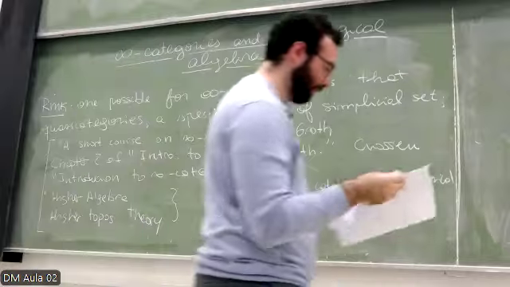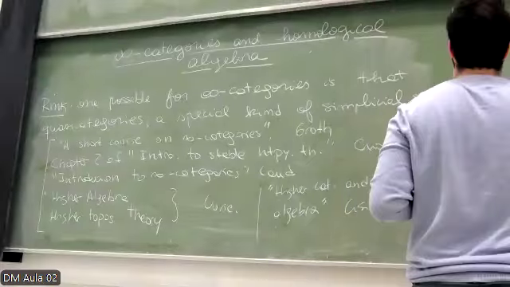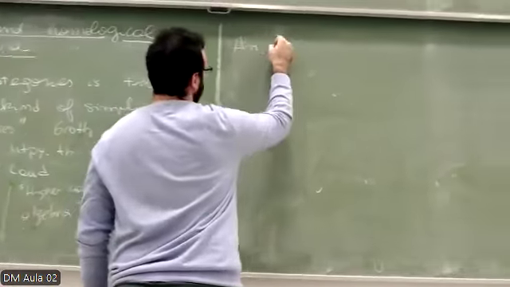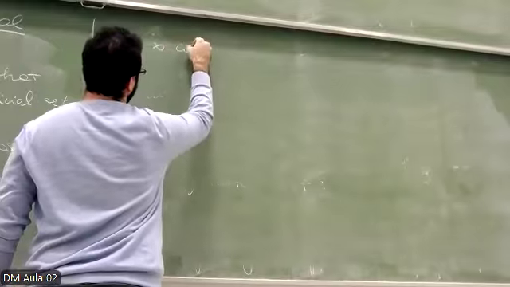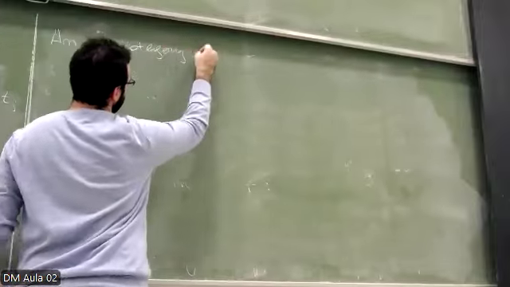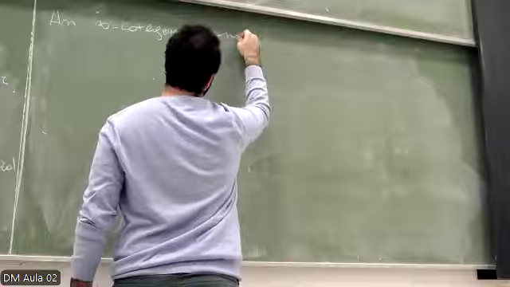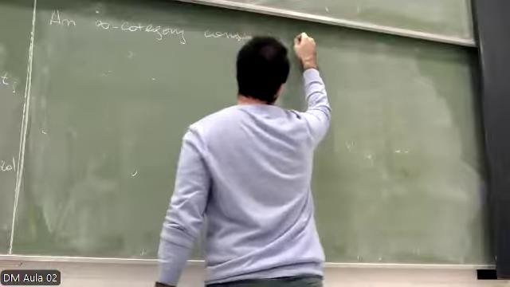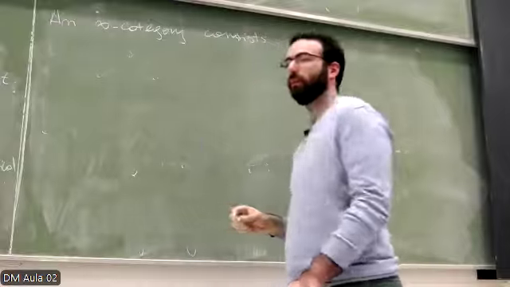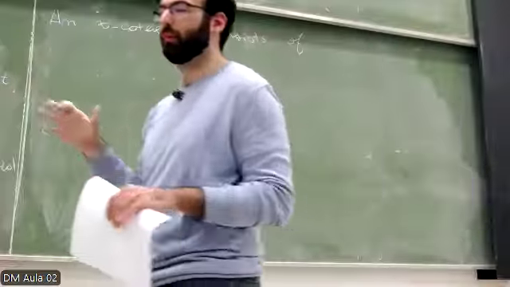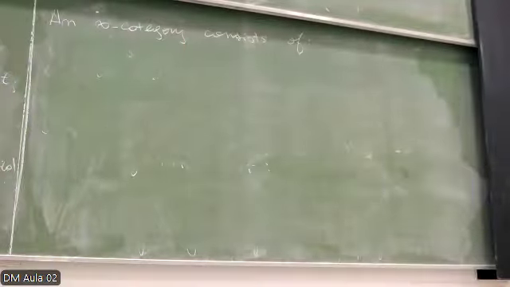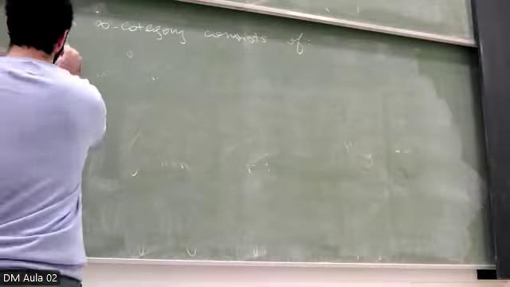Right. So let's start. As I said, we want to build a category in which we have objects, morphisms, and then some notion of homotopy, and then homotopies within homotopies, and so on. So we should have objects.